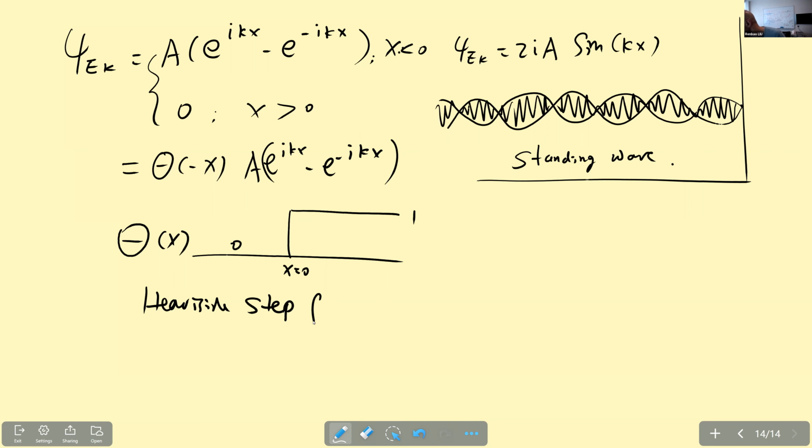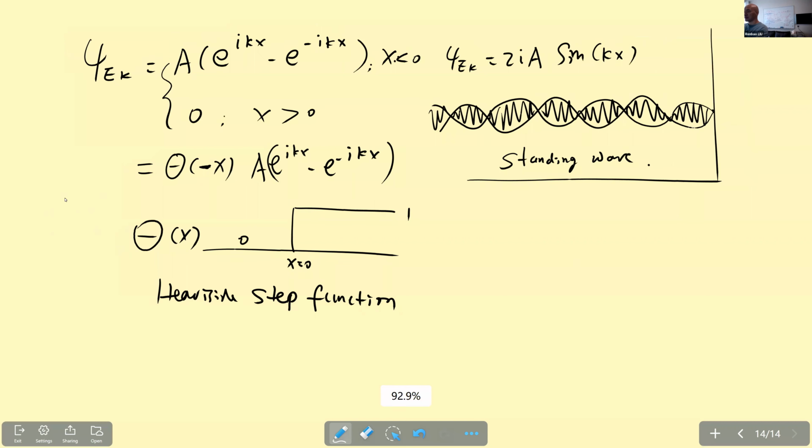So that means it's 0 on the left axis and it's positive 1 on the right axis. But now I put a minus x right here, so theta of minus x is 0 on the right and plus 1 on the left. So this is the eigenstates we have obtained.